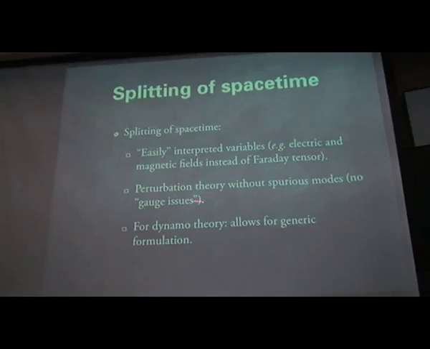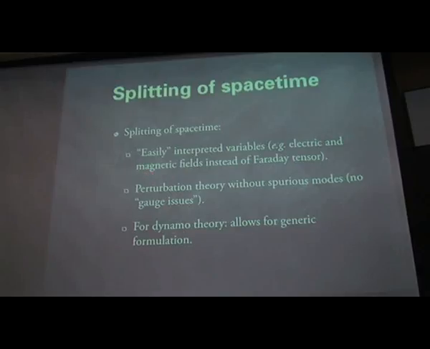You can also show that you can do perturbation theory in these physical variables without having to worry about spurious modes, so-called gauge issues, which has been a problem in cosmology for a long time, but it was resolved by Bardeen using some very, very complicated variables, which is not easy to interpret in a physical sense. But you can build on that and you can introduce the same type of framework, but for these physical, easily interpretable variables like electric and magnetic fields.